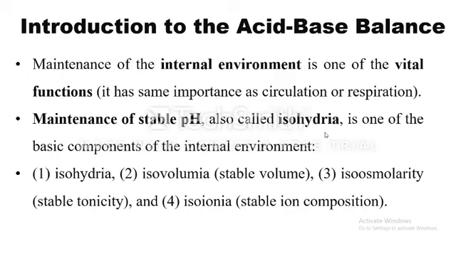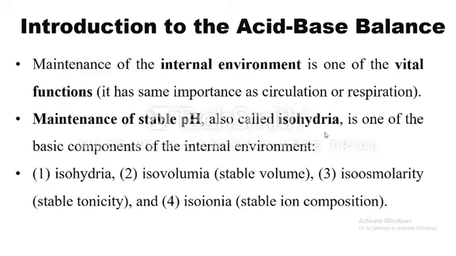Maintenance of the internal environment inside our body is one of the vital functions, just like other functions, for example circulation of blood, respiration or digestion. This maintenance of the internal environment is also a vital function, meaning our body itself controls it.